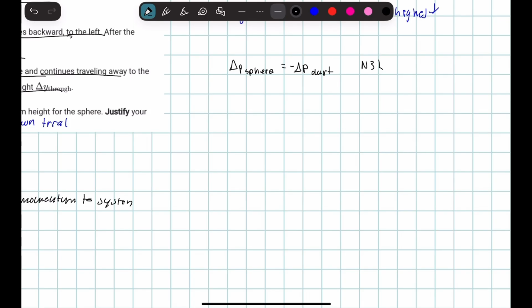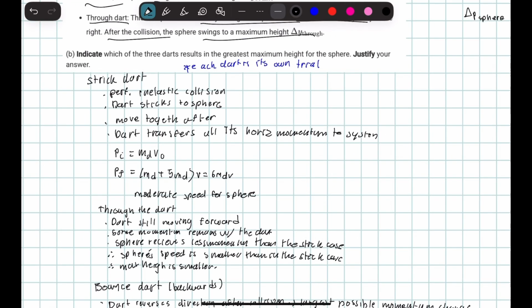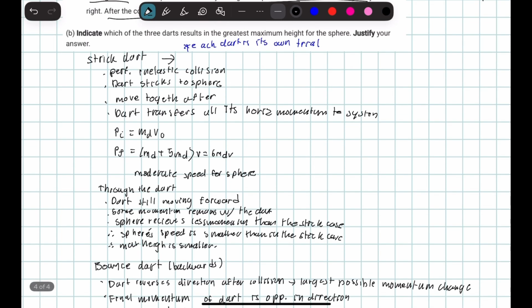So again, in the stick dart, we see that the dart comes in moving right, and then the dart sticks to the sphere, and the dart is no longer moving independently. So the momentum change of the dart is: P initial is positive m_d v initial, and finally it's smaller, to the right.